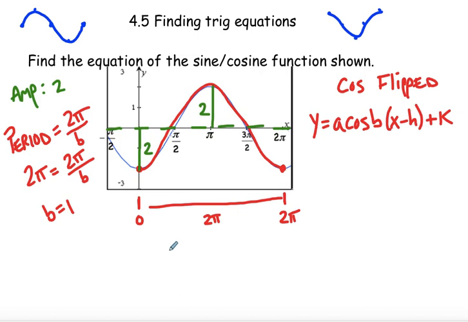And then let's look at any shifting. So cosine usually starts on the y-axis, and it is starting on the y-axis. It just flipped down. So it's not being shifted to the left or to the right at all. No shift left or right.